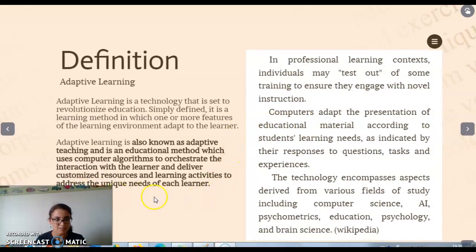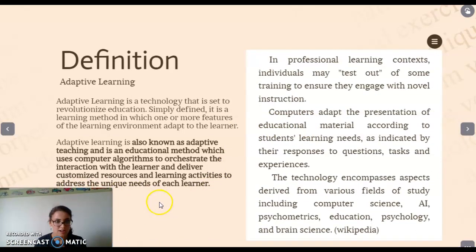Definition. What is adaptive learning? Adaptive learning is a technology that is set to revolutionize education. Simply defined, it is a learning method in which one or more features of the learning environment adapt to the learner.